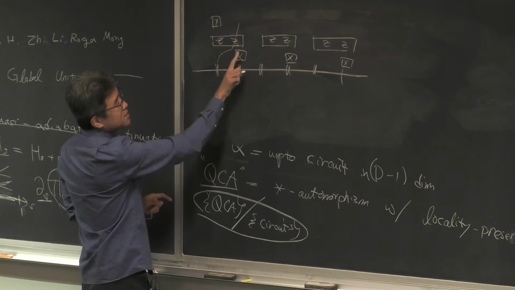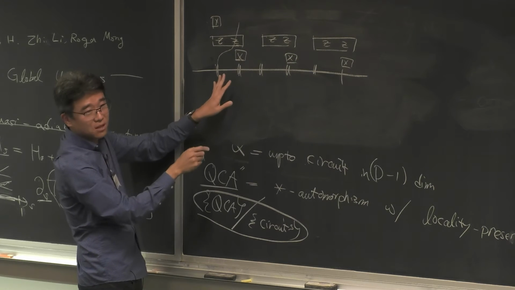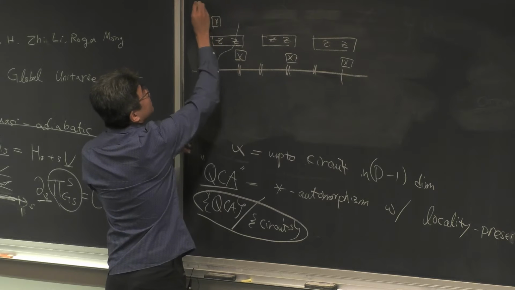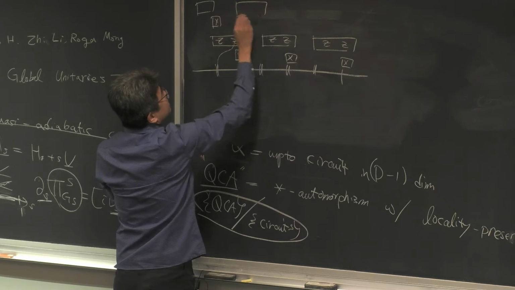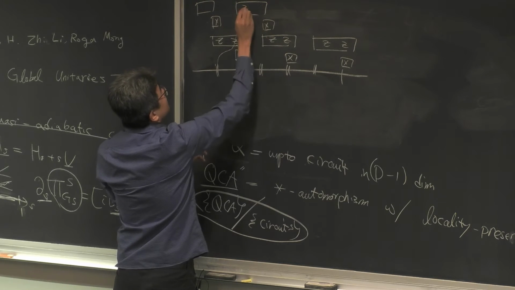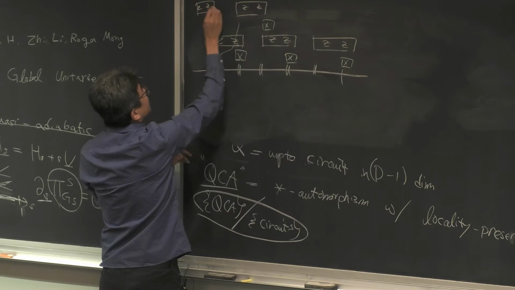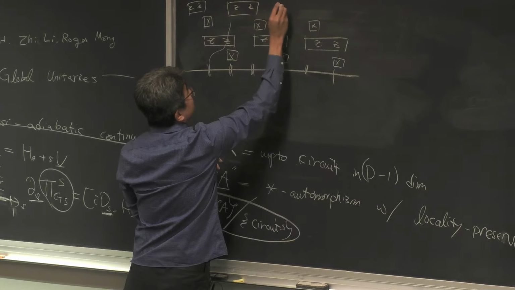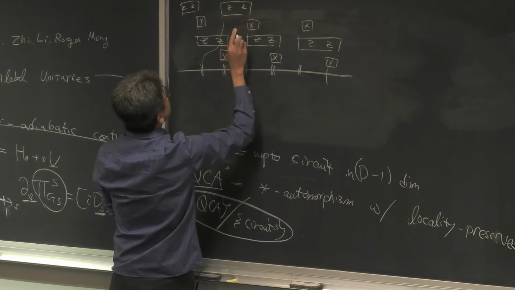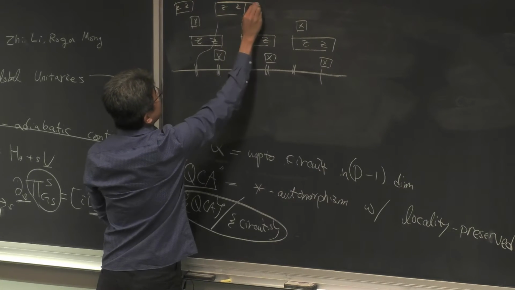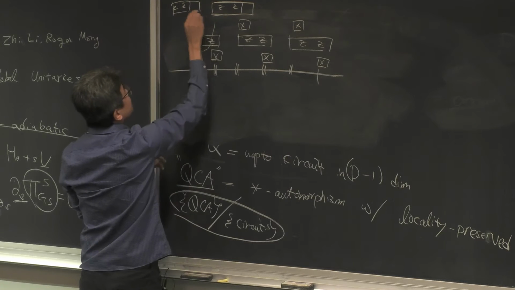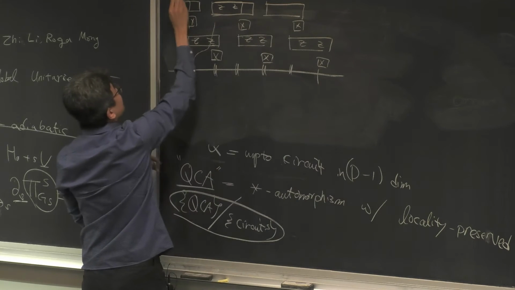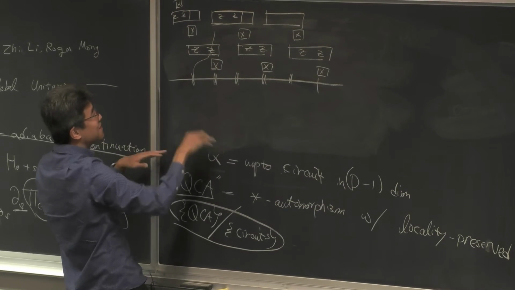Once you achieve one translation, then you can go back to the original configuration by teleporting once again. So you make measurements like that. And then I should have started lower here.